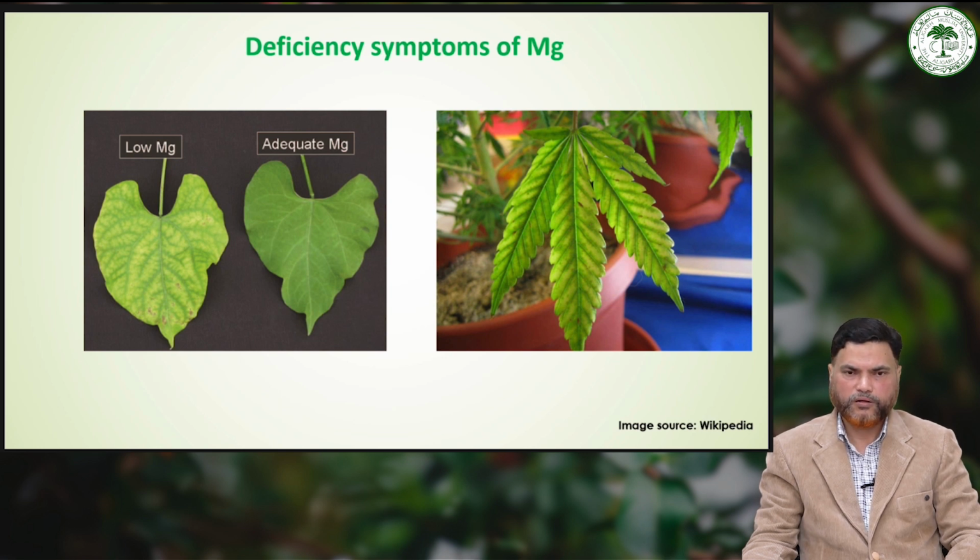So, what is the mobility of magnesium? Magnesium is a mobile element, as we have just gone through. Older leaves are primarily affected, displaying the accumulation of anthocyanin and premature leaf abscission.